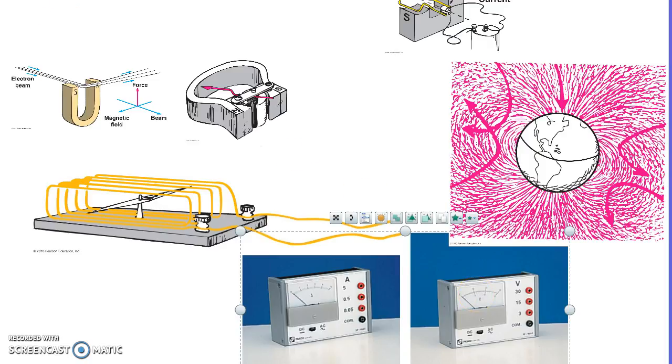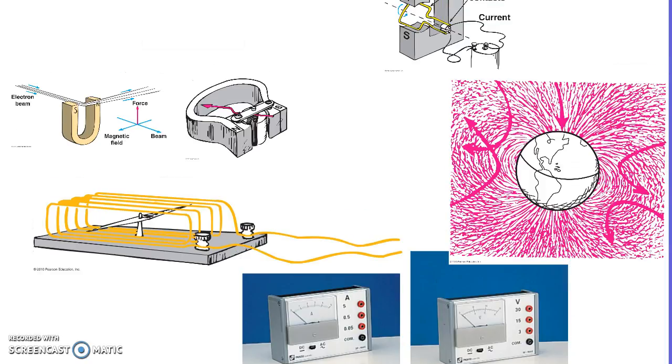Now, any instrument that is used to deflect a needle and measure electric current, whether it be something like this or one of these here, is called a galvanometer. Basically a galvanometer is just an instrument that detects current.